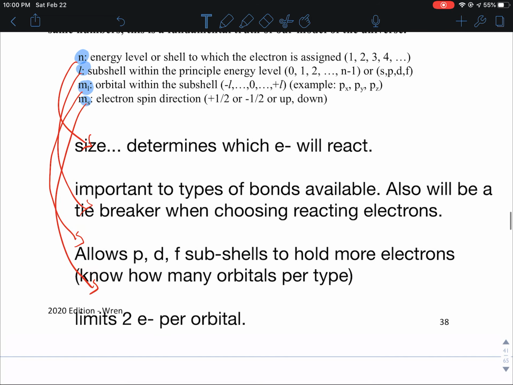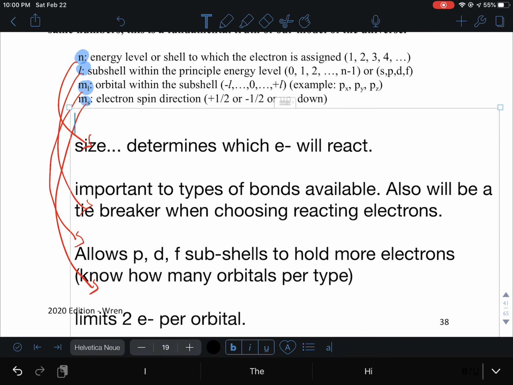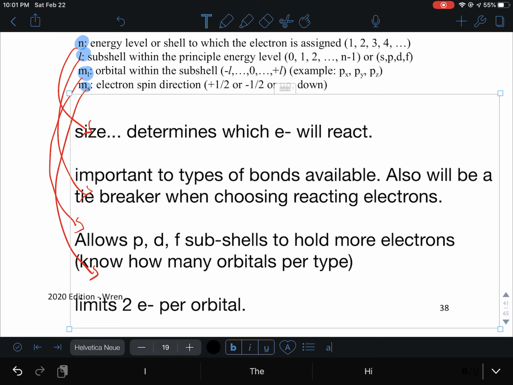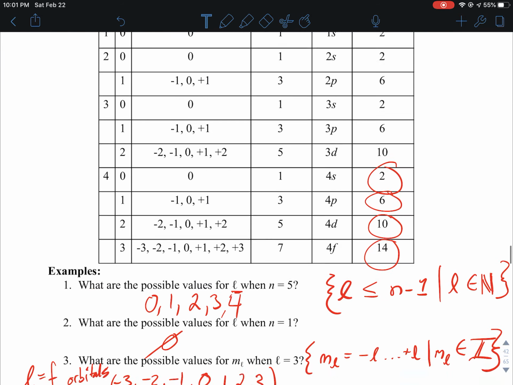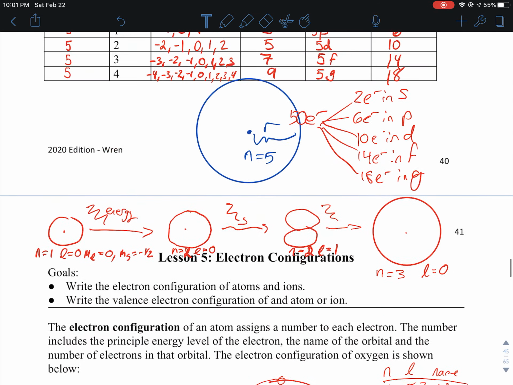That's the real key thing that I want you to keep in your mind. And then the plus or minus, it actually allows for 2 electrons per orbital, or you can think of it as limiting to 2 electrons per orbital. There are no other options.